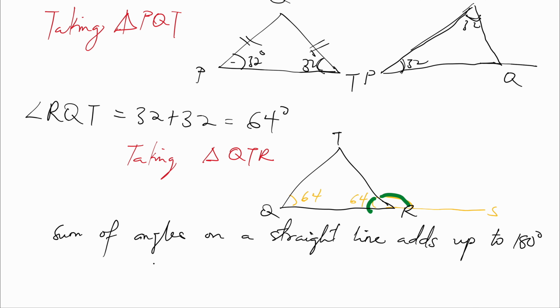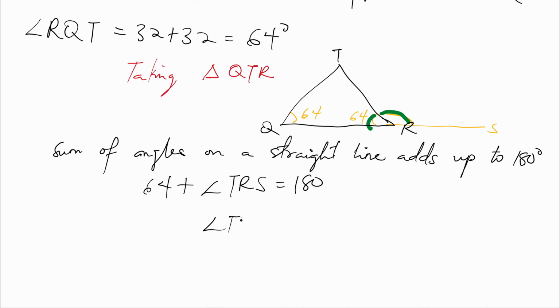So we can say that 64 plus angle TRS is equal to 180. So angle TRS will be equal to 180 minus 64. Angle TRS is equal to 116 degrees. This brings us to the end of question 13a.